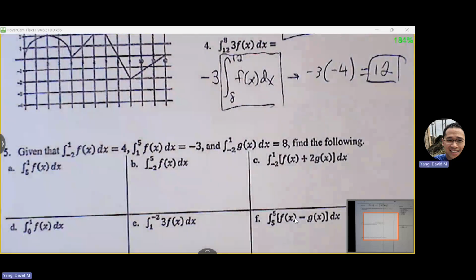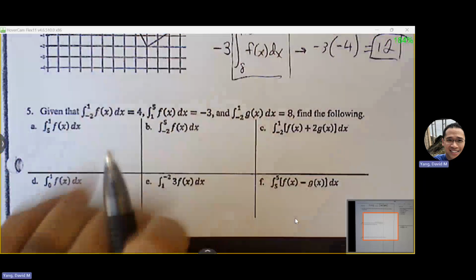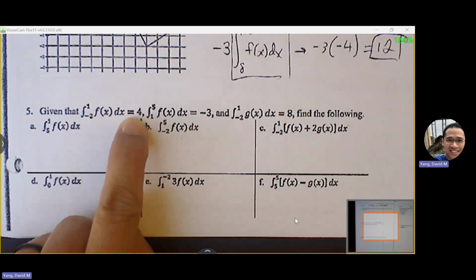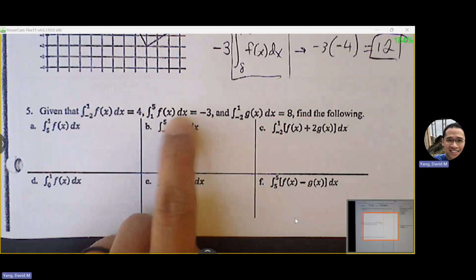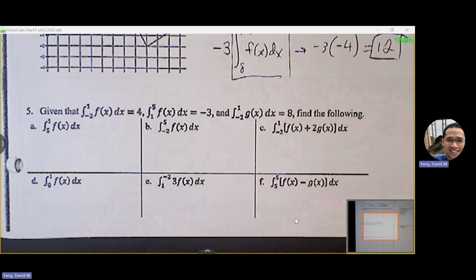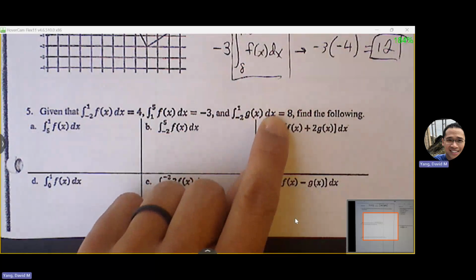All right, bottom of the page. The graph is not given to you, but they do give you some information. They tell you that the region from -2 to 1 is going to create an area of 4 or a displacement of 4 above the x-axis. The integral from 1 to 5 is going to create displacement of -8. The integral from -2 to 1 of g of x dx is equal to 8.